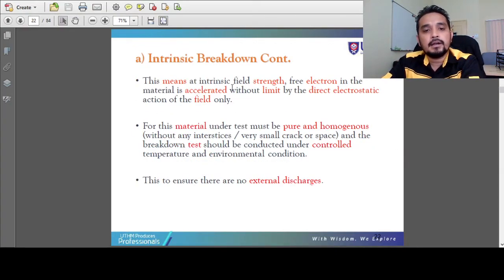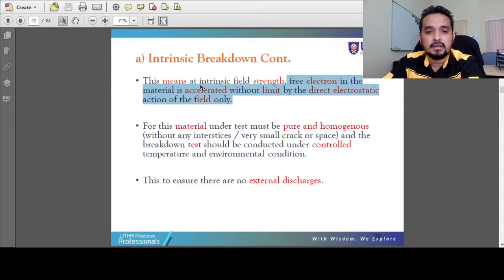That is to further clarify why they call it the highest breakdown value. As I explained before, free electrons in the material are accelerated without limit due to the electrostatic action of the electric field.